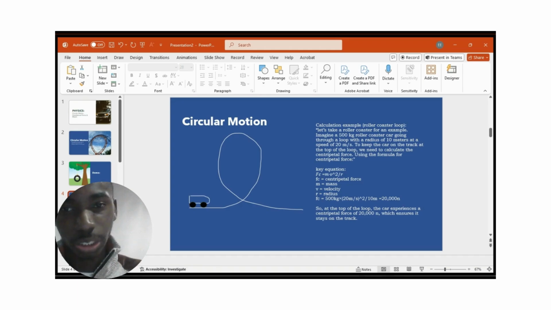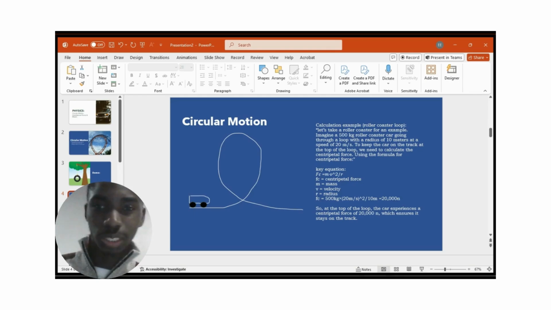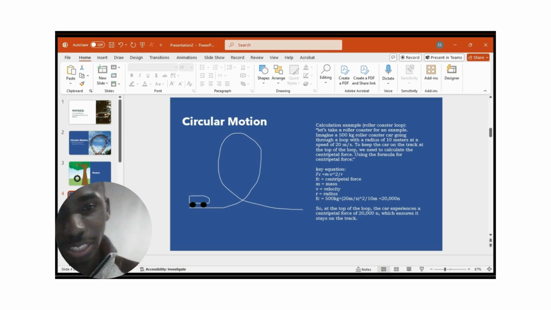The key equation for the centripetal force is Fc equals m times v squared divided by r. Just for you all to get familiar with the variables, Fc is the centripetal force, m is mass, v is velocity, r is radius.